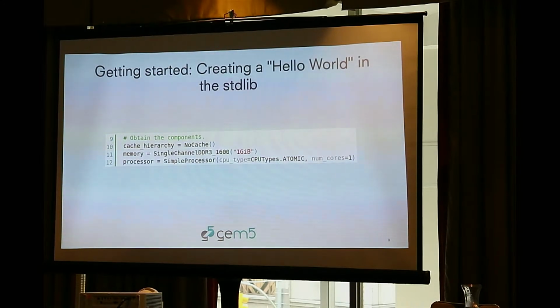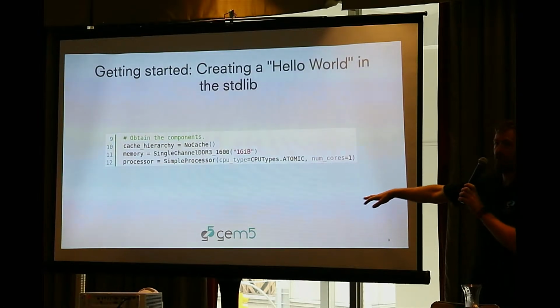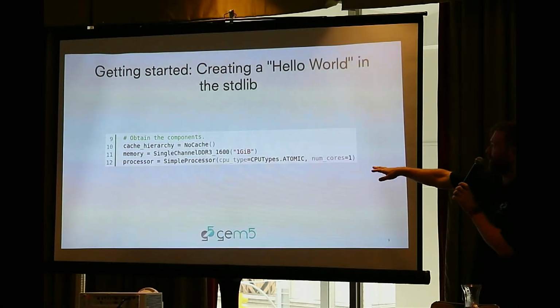There's nothing between processor and memory. Then we set up our memory system, which is a single channel DDR3 1600, and we're saying it's 1 gigabyte. Then we're saying our processor is a simple processor with 1 core, CPU type atomic.